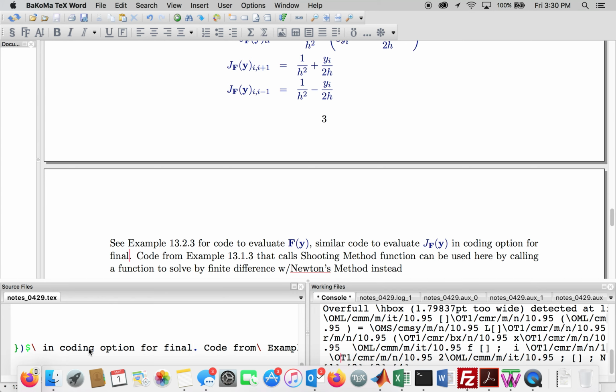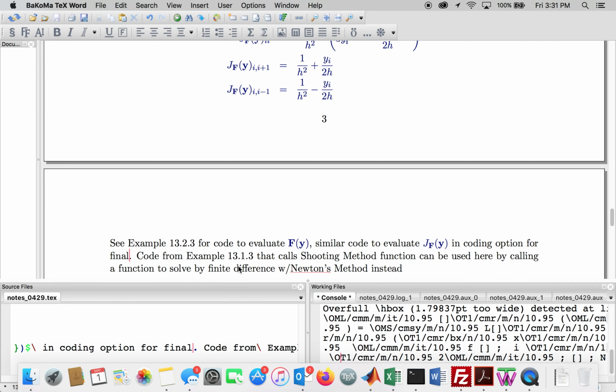I saved those problems for the final, for those of you who want to do that. But the code in this example is very generic. It sets up a BVP and then calls whatever function you want to use to solve it with the needed parameters like information about the boundary conditions, information about the function little f, and its derivatives if needed for Newton's method, and so on.